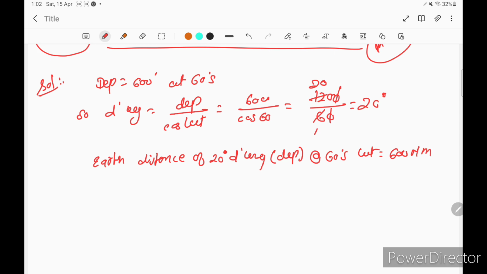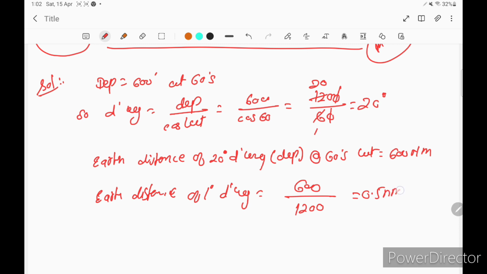Okay, now Earth distance: 1 degree d long is equal to 600 divided by 1200, which is equal to 0.5 nautical miles.